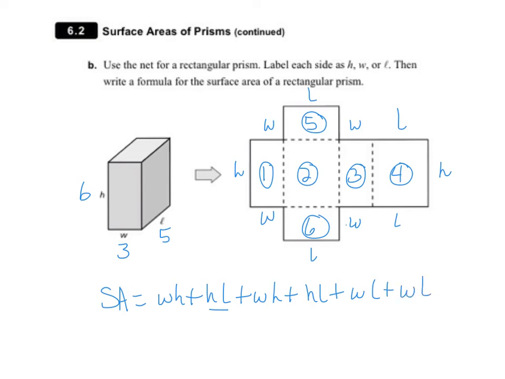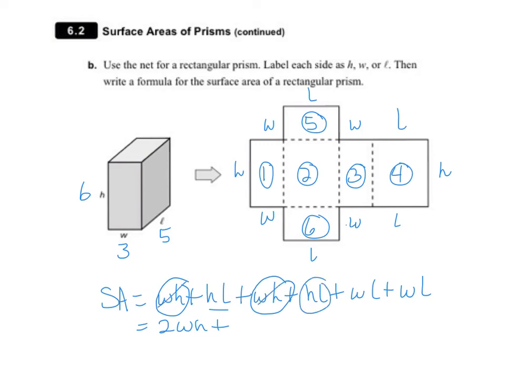And then I want to go through and I want to combine like terms. So I want to count all my WH's, and I have 1 here and 1 here. So I have 2WH plus, I'm done with those, I can cross them out.